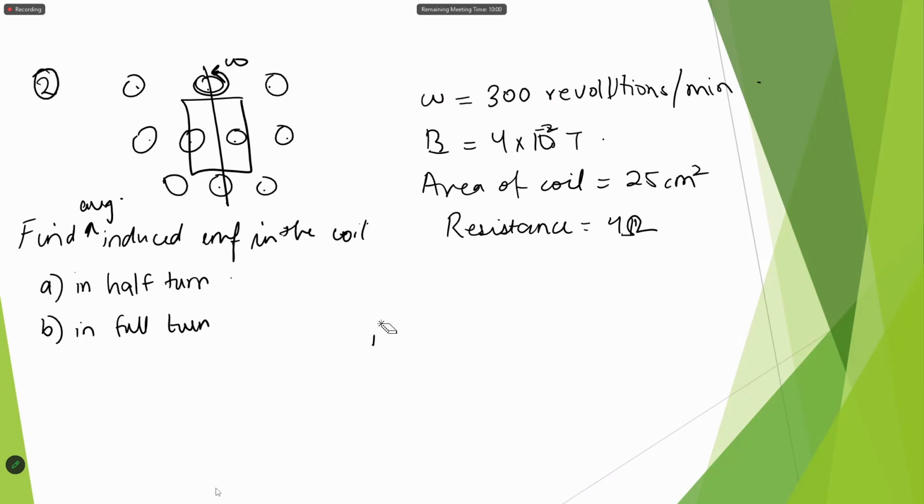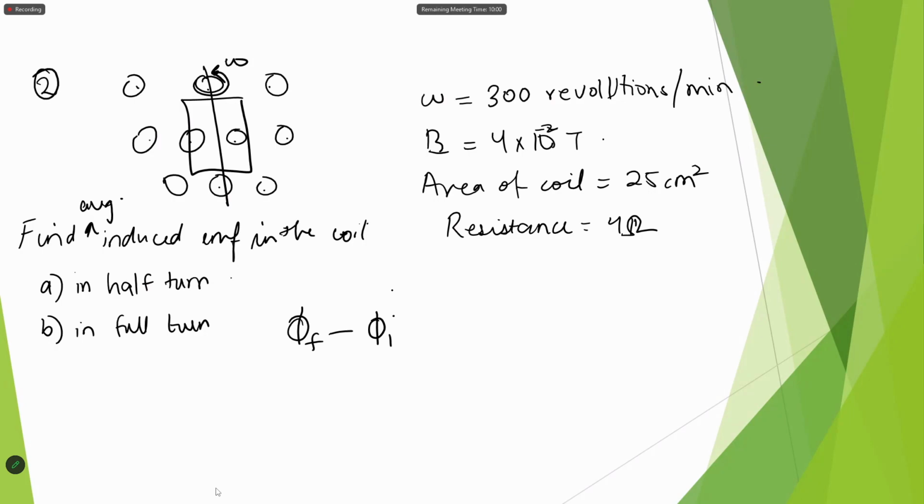Please try to use your brains a little bit and tell me: the flux final and the flux initial, will they be the same or not in a full turn? It moves and comes back to the same position. Yes, the final and initial will be the same, right?